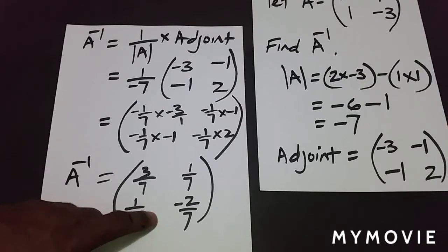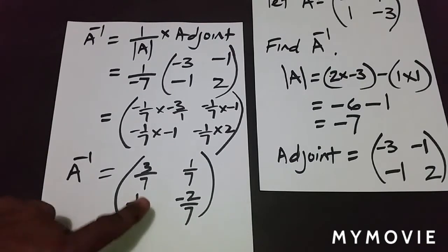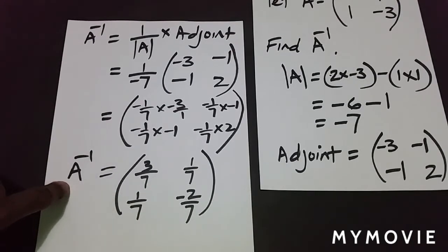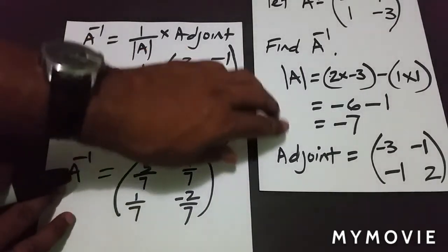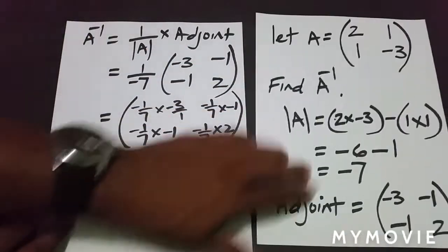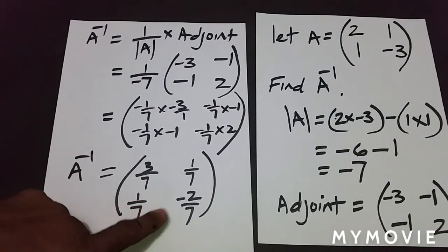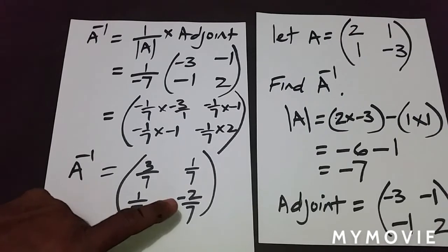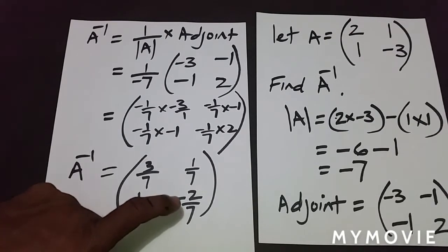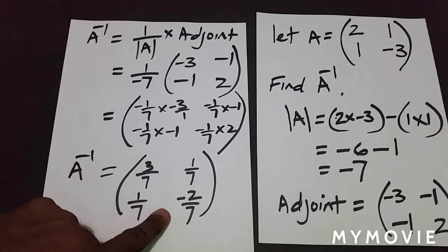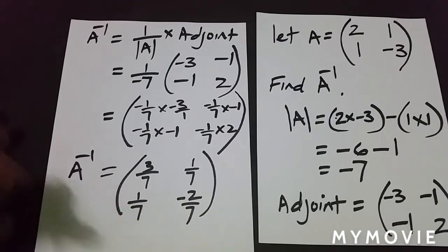Now would be a good time, before you go any further, to test if your inverse is correct, using the original matrix A times the inverse to check whether you get the identity matrix, which is 1, 0, 0, 1. If you know that this is correct, proceed. But if you doubt it and you want to check, you can check it using that little rule you know already.